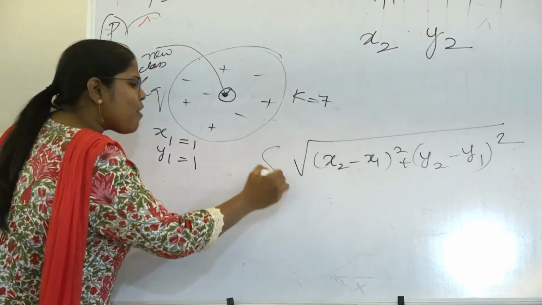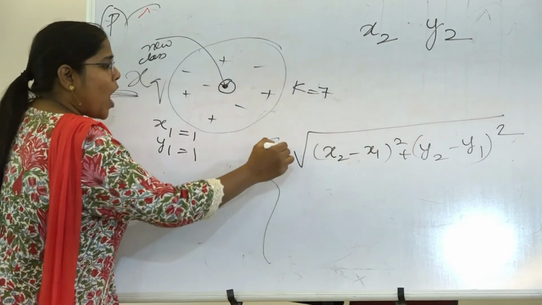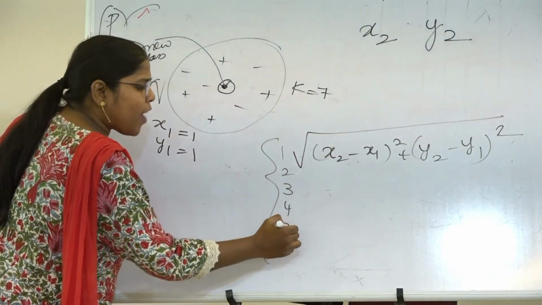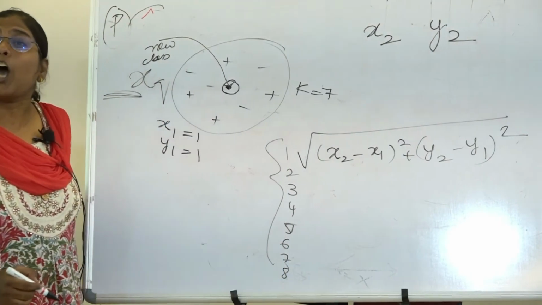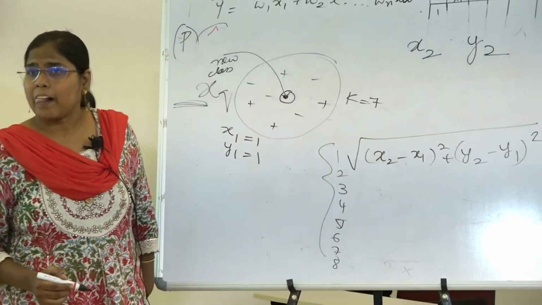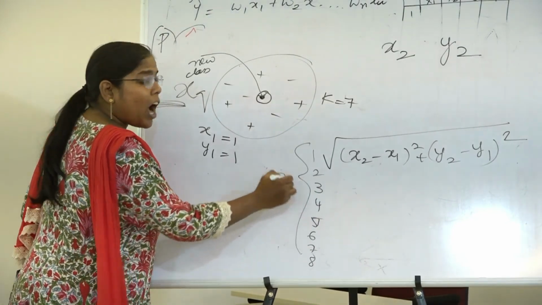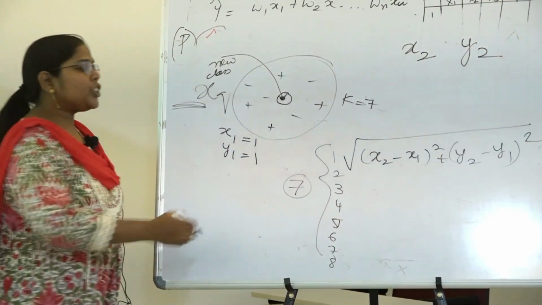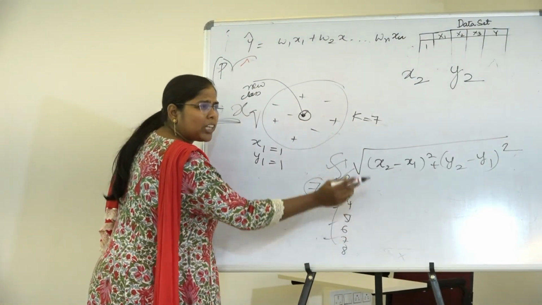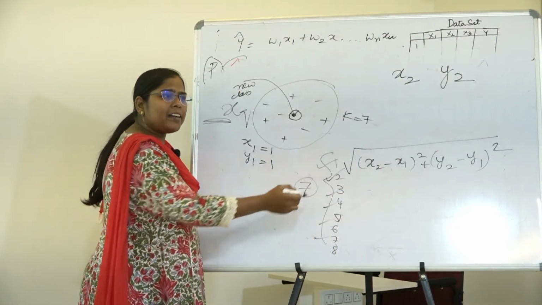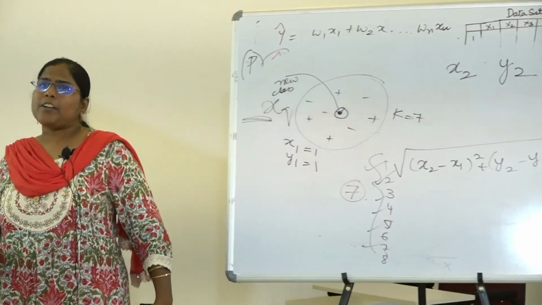And I have how many? 1, 2, 3, 4, 5, 6, 7, 8. Among this, how many neighbors do I have to select? 7. How to select it? Whichever gives the lowest value, that we need to select. And after selecting that, we need to check how many samples are positive, how many samples are negative.